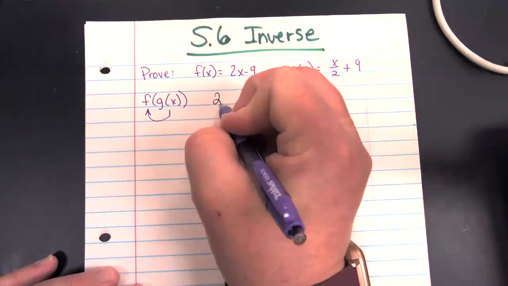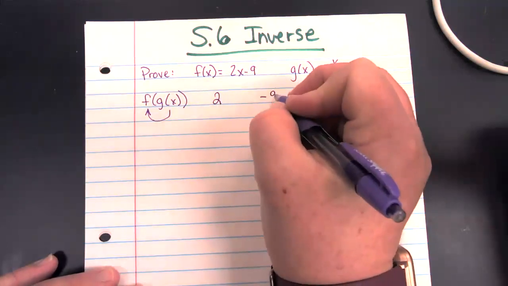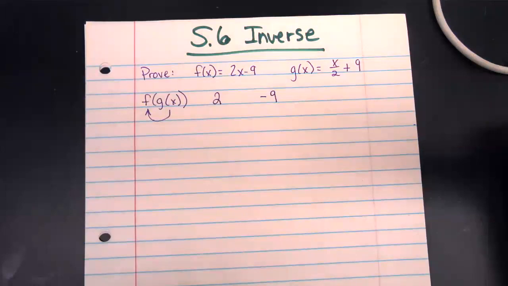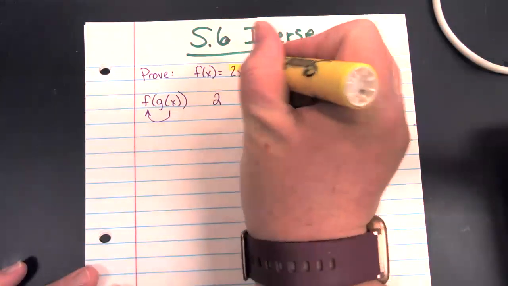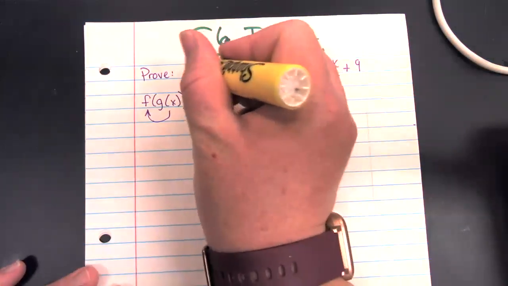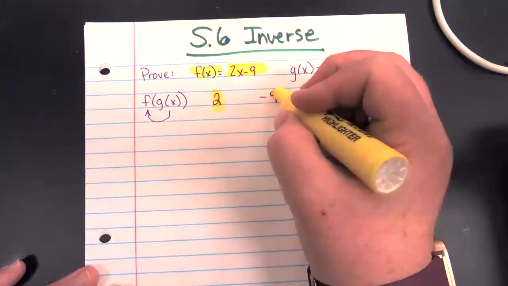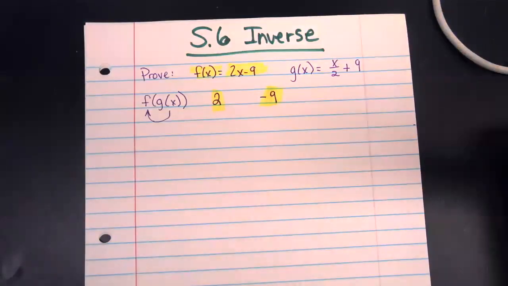So let me show you by taking the pieces. I'm going to say f of x is yellow here. Okay, and now I'm going to plug in. Sure, now I can't find any of my highlighters. Here we go.